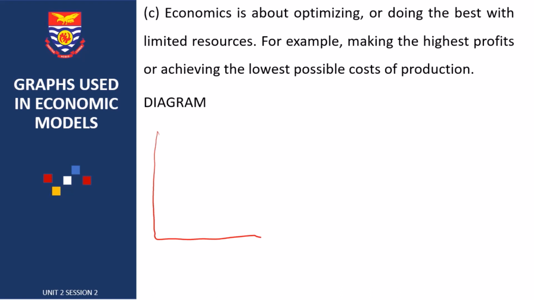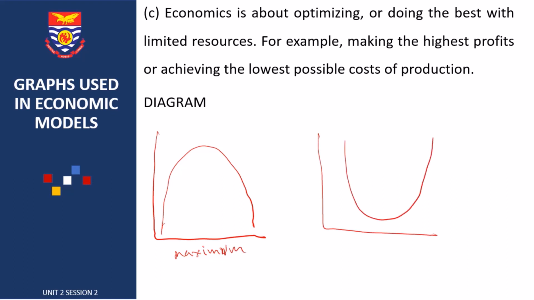I have something like this. This one is what we call the maximum curve. The minimum is open upward. This is open downwards, that one opens up. Let me write it: open downwards.